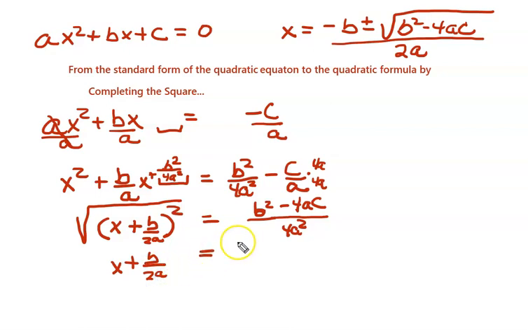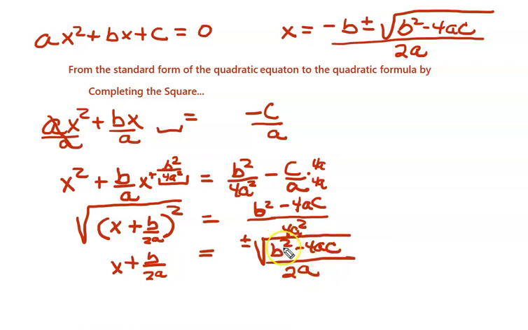And that will equal plus or minus the square root of all of this. But this part here is a perfect square, so we can take out the square root of this, which is 2a, and what's left under the radical sign is b squared minus 4ac.